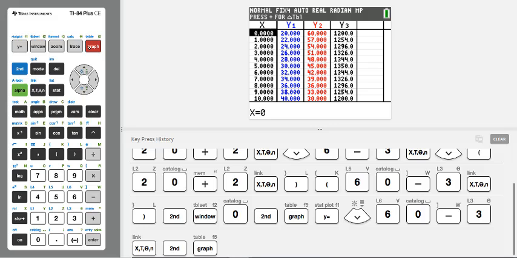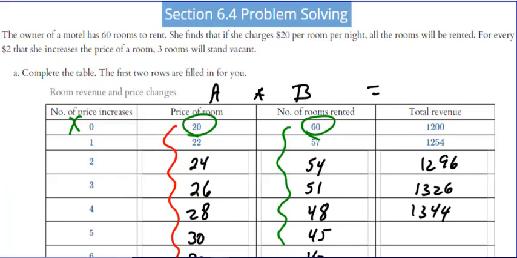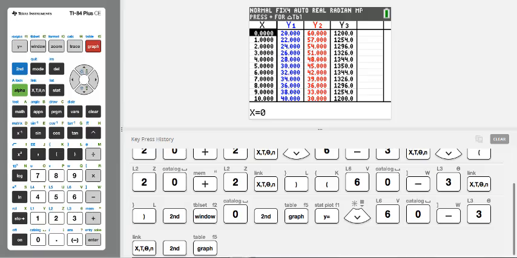Okay, so if you look at it, this should coincide with what you have on your chart over here. So you could double check your chart. Now use your table to find X that causes total revenue to be 0. Total revenue is over here in Y3.